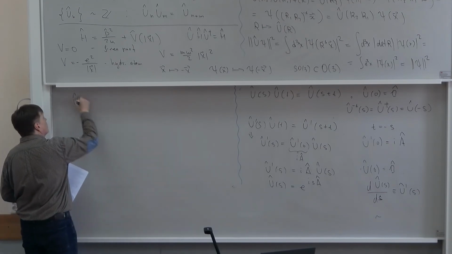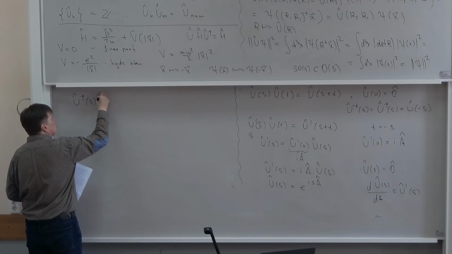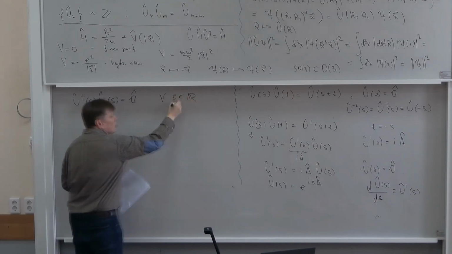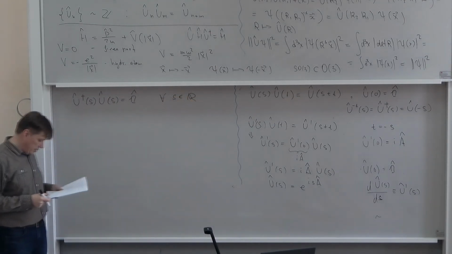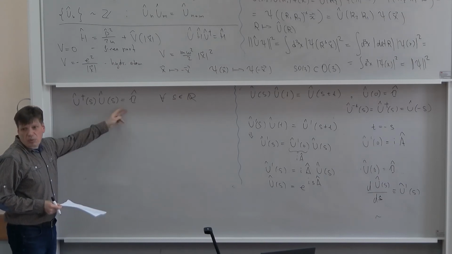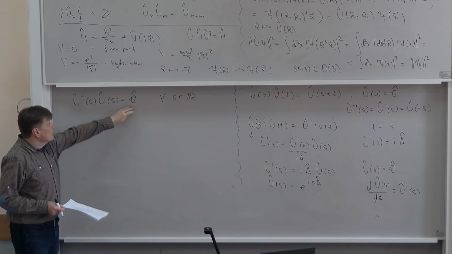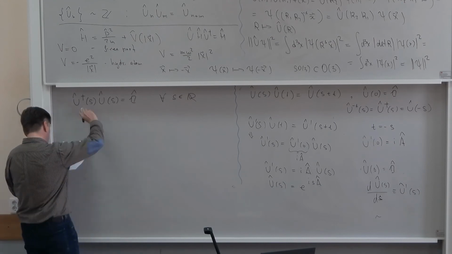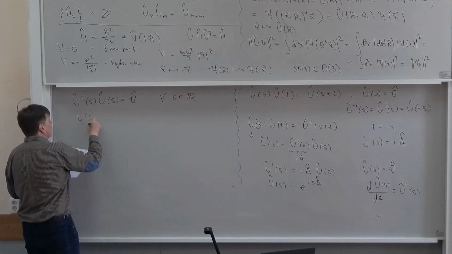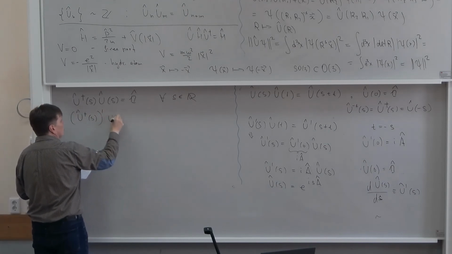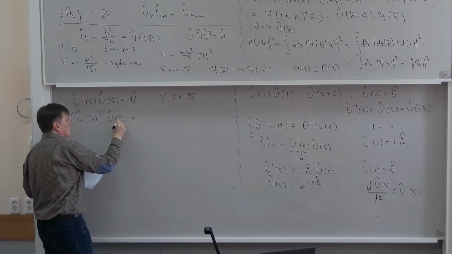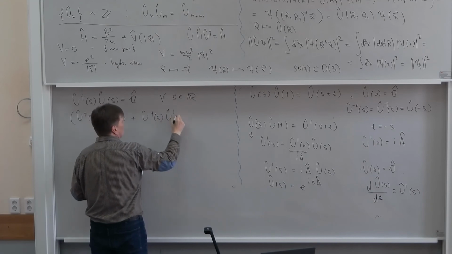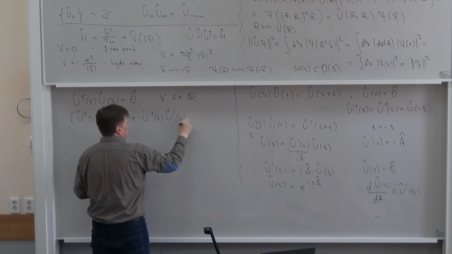By definition, we have that U dagger of S times U of S is equal to 1 for any value of the parameter S. Let us differentiate this quantity by S. Notice that the right-hand side doesn't depend on S. So, applying the Leibniz rule, we get U dagger prime of S times U of S plus U dagger of S times U prime of S is equal to 0.